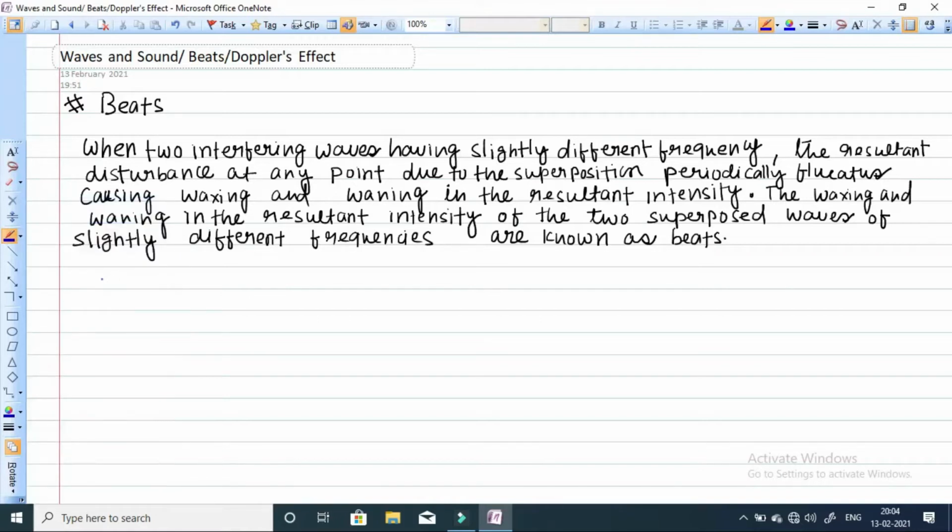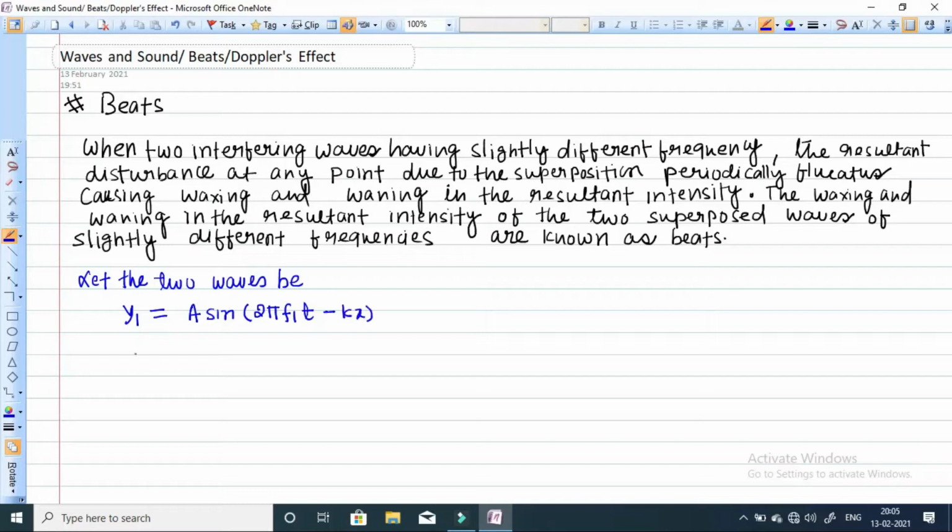Let the displacement of the particles of these two waves be y1 equals a sin(kx minus omega t), taking omega equal to 2 pi f1, so y1 equals a sin 2 pi f1 into t minus kx.